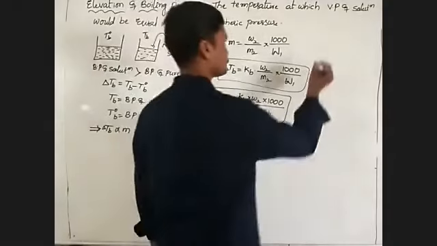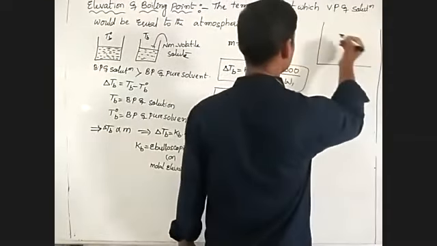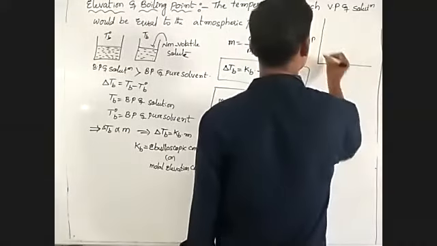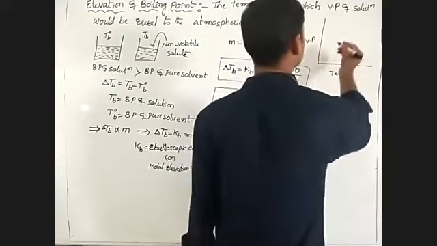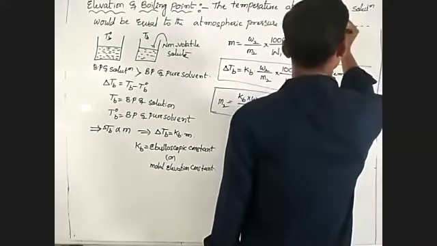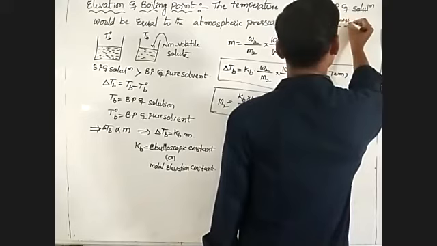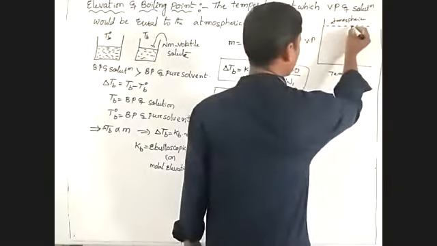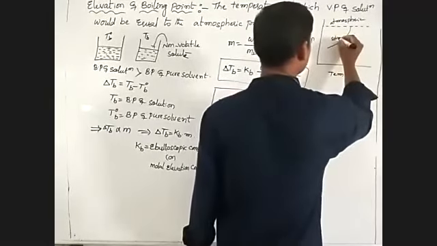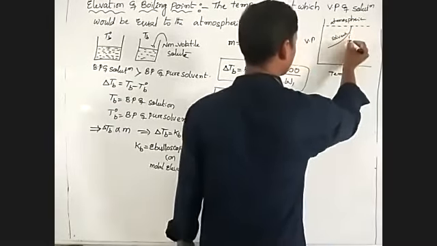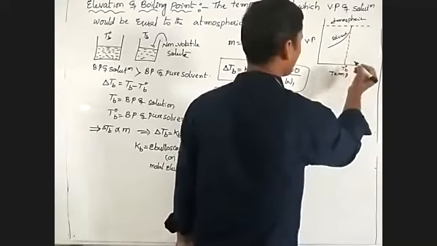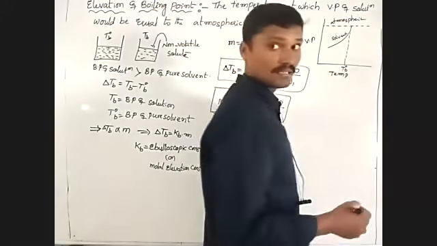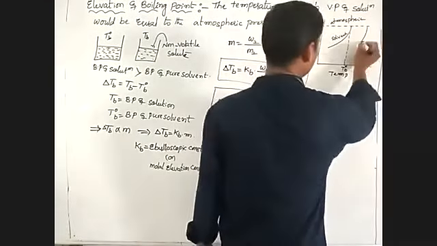You can draw a graph between vapor pressure and temperature. Here this is atmospheric pressure. This is the boiling point of the solvent, T naught B. After adding the non-volatile solute, it forms a solution.